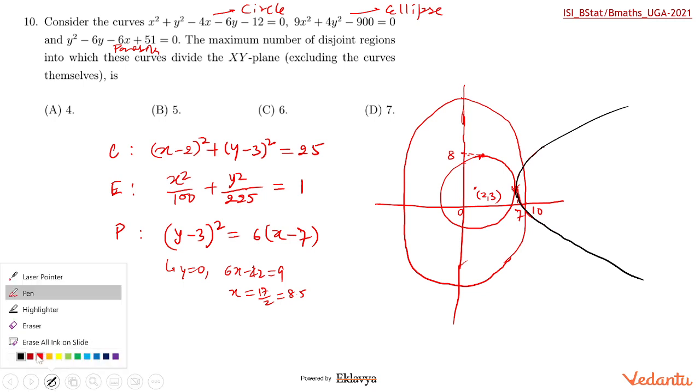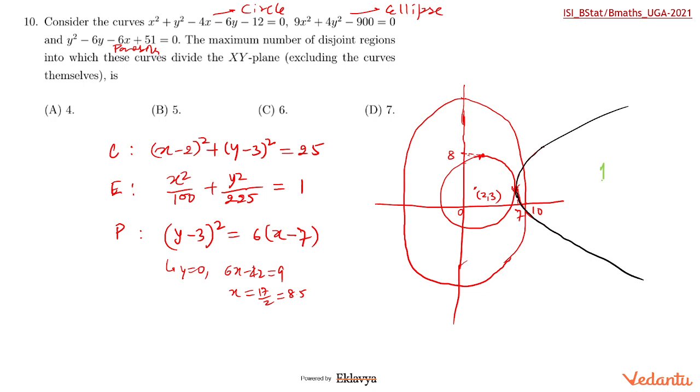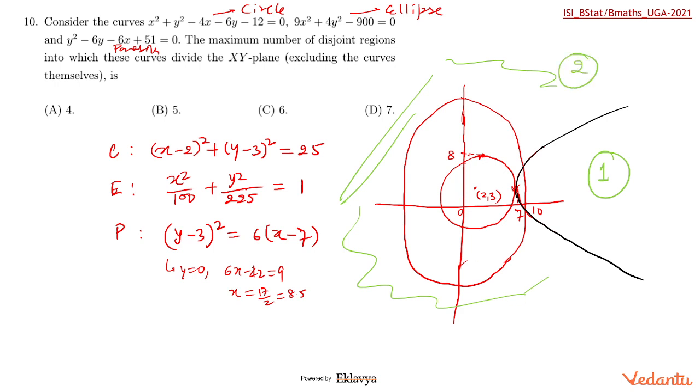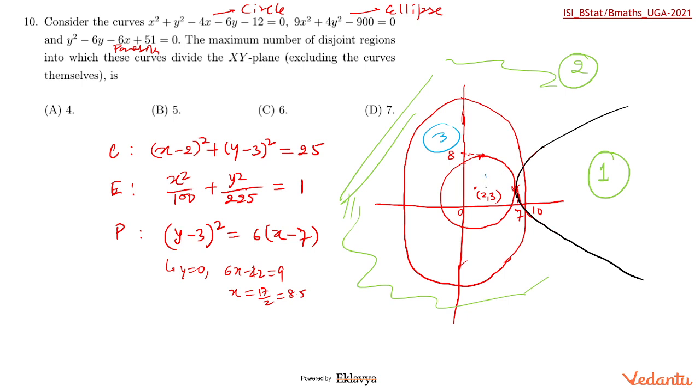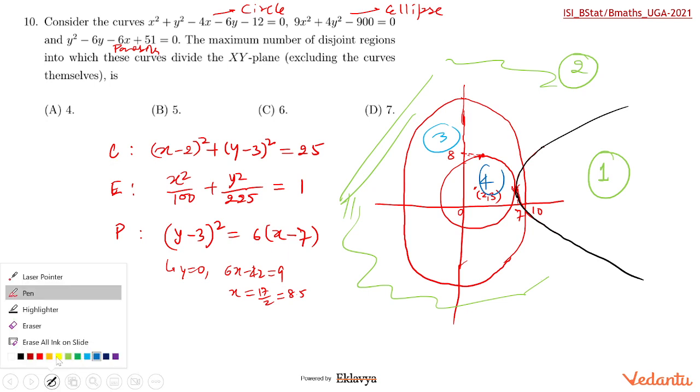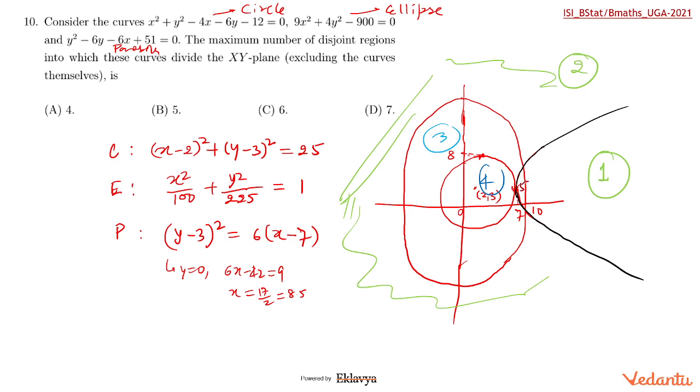So region number one is the outer region. Number two, the entire region number two that I drew in green. Then a few more regions are there. This is number three inside the ellipse, and number four is inside the circle. So three was inside the ellipse, outside the circle, and one more region is there, that is a closed region, this number five, this region.